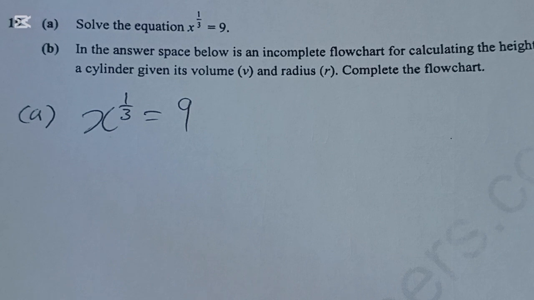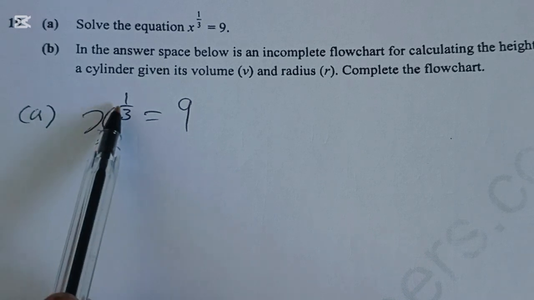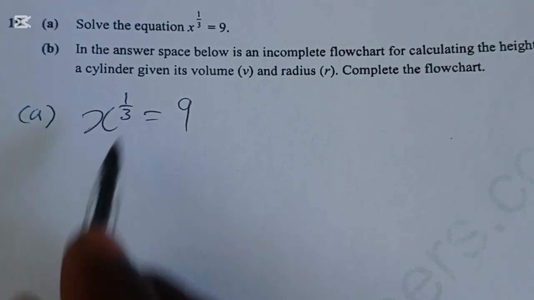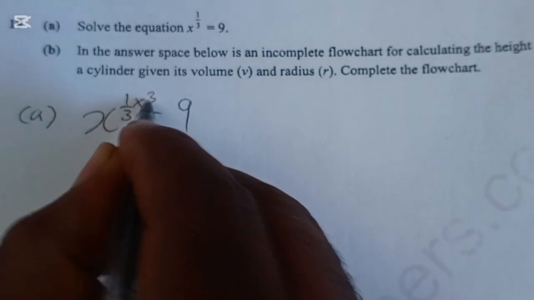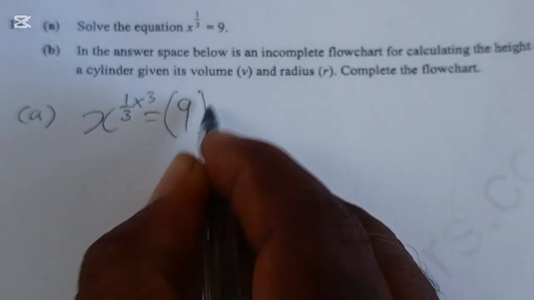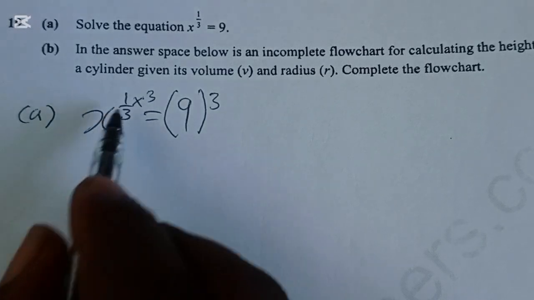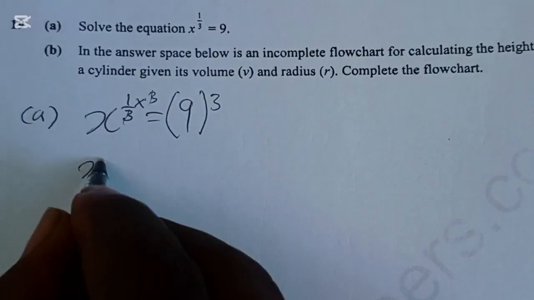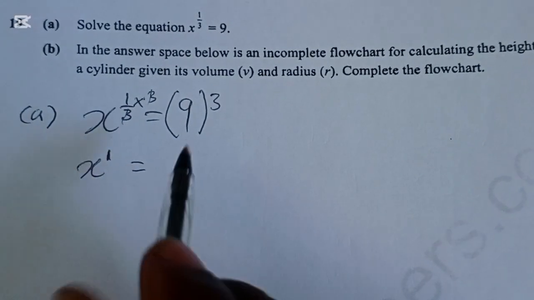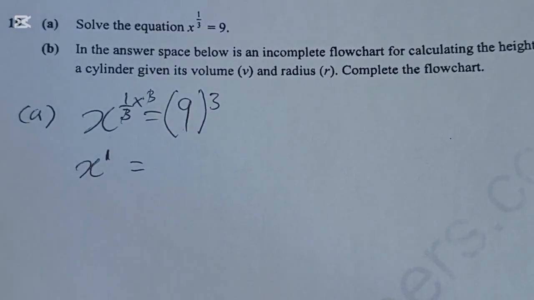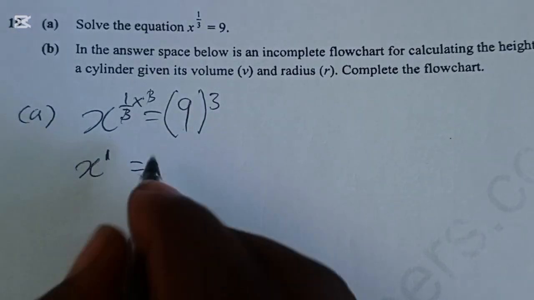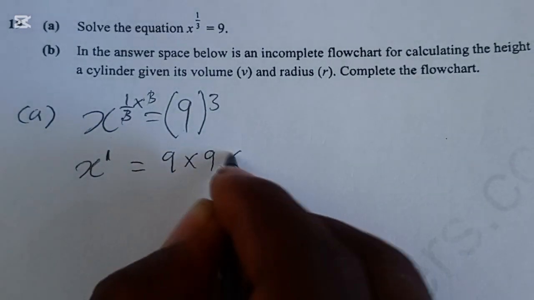The inverse of 1 over 3 is a number that we can multiply to 1 over 3 and gives us 1. So this side I must remain with the power 1. So it is 3. So now I'll also multiply 3 this side. So 3 and 3 goes. I remain with x to the power 1. So 9 to the power 3, it means 9 times 9 times 9.